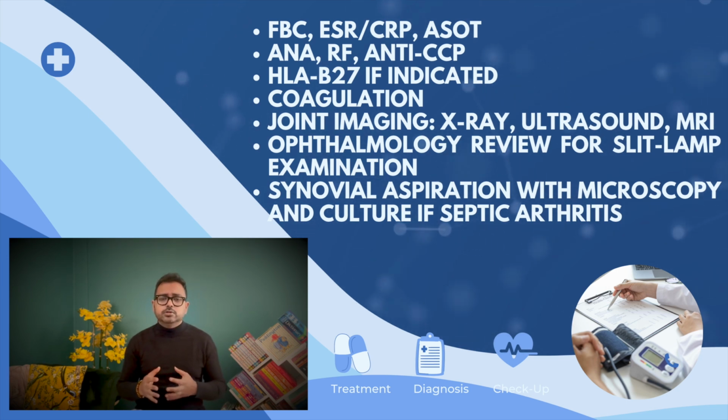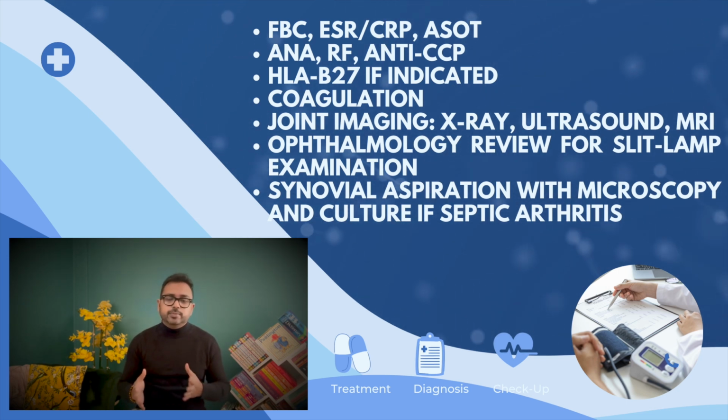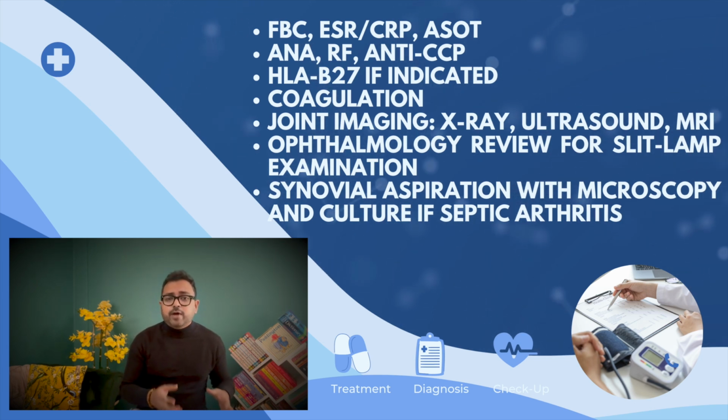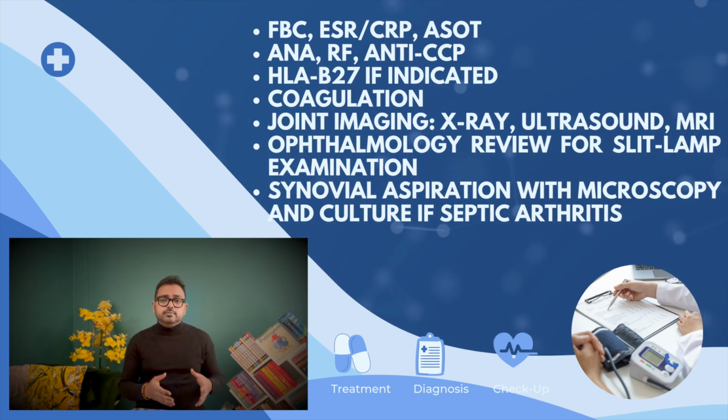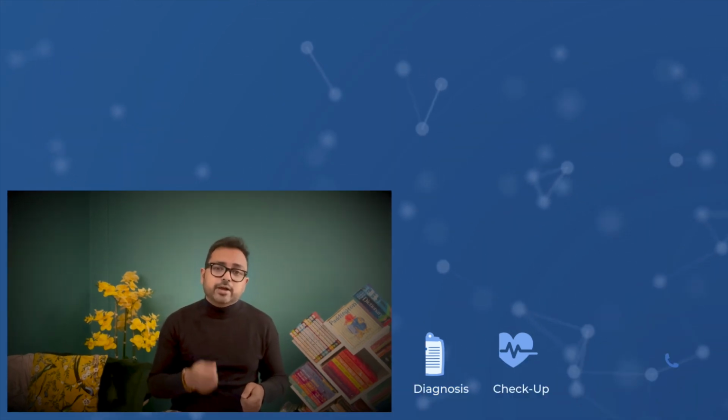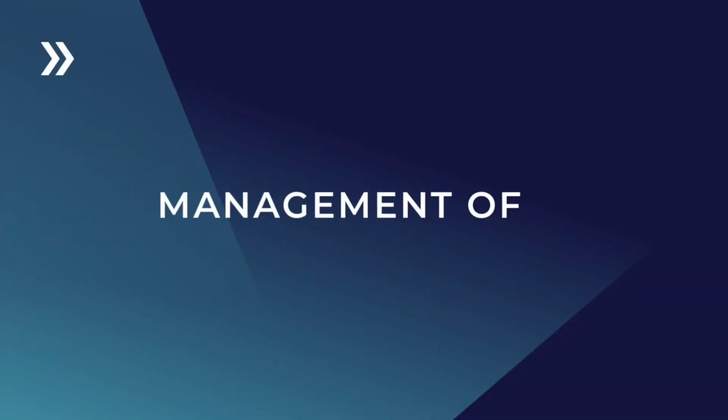That depends on the presentation and the possibility. In case of monoarticular arthritis, if we are suspecting septic arthritis, joint aspiration for microscopy and culture may be indicated. And to rule out eye involvement, we have to do a slit lamp examination by the ophthalmologist.